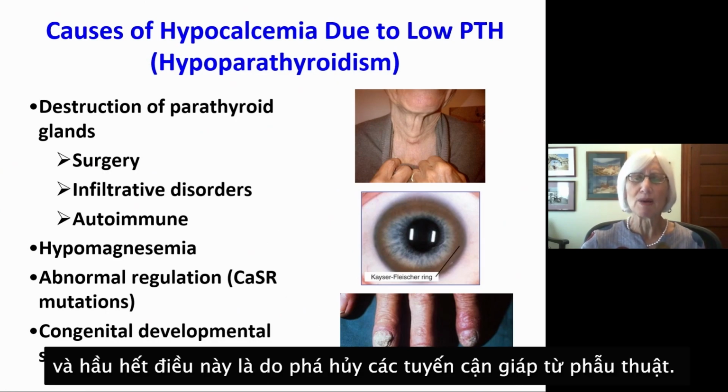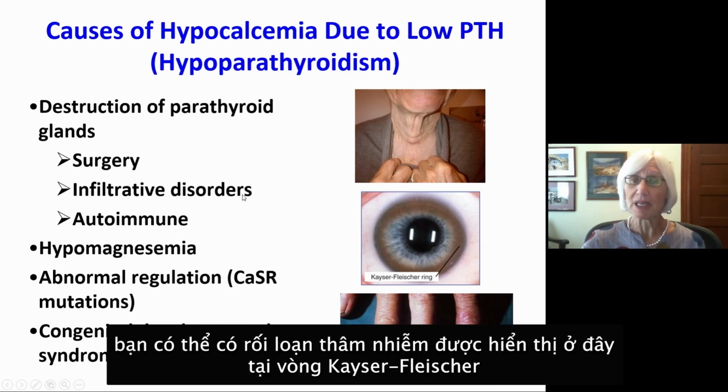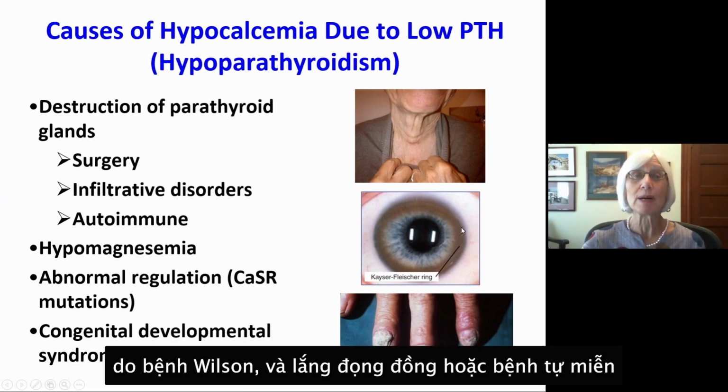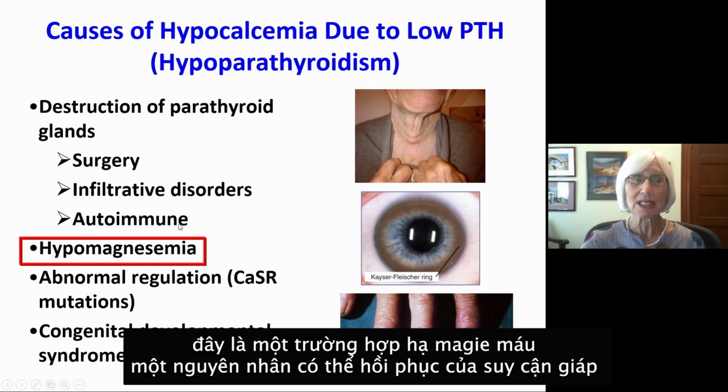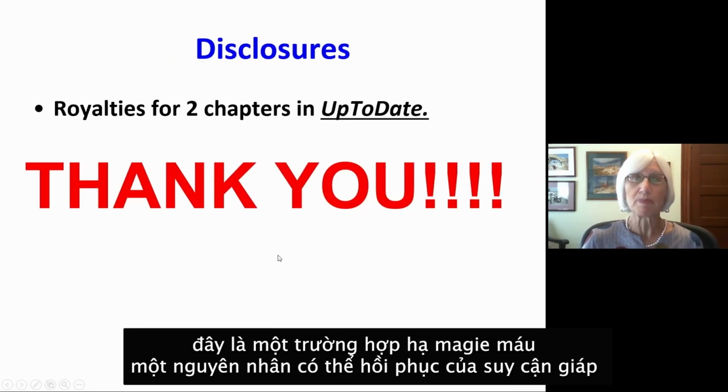And most of the time, this is from destruction of the parathyroids from surgery. There can be infiltrative disorders shown here, a Kaiser-Fleischer ring from Wilson's disease and copper deposition, or autoimmune disease. But in this case, this is a case of hypomagnesemia, a reversible cause of hypopara.